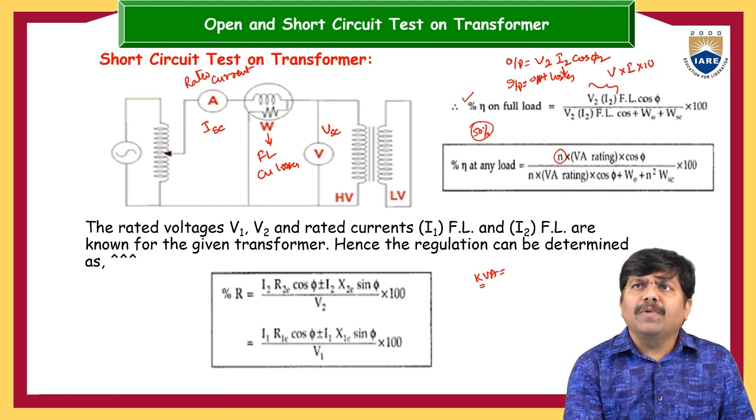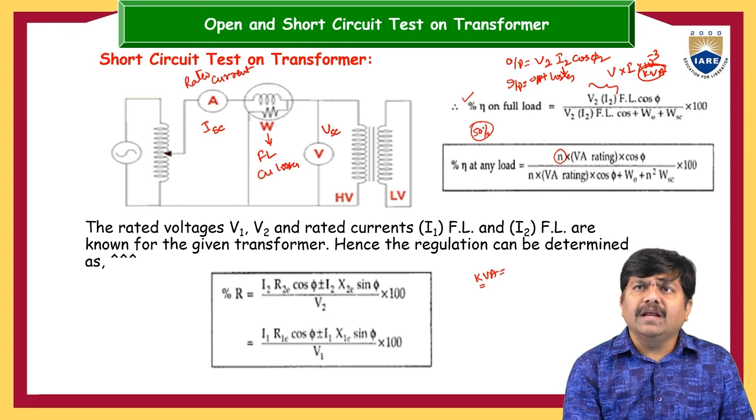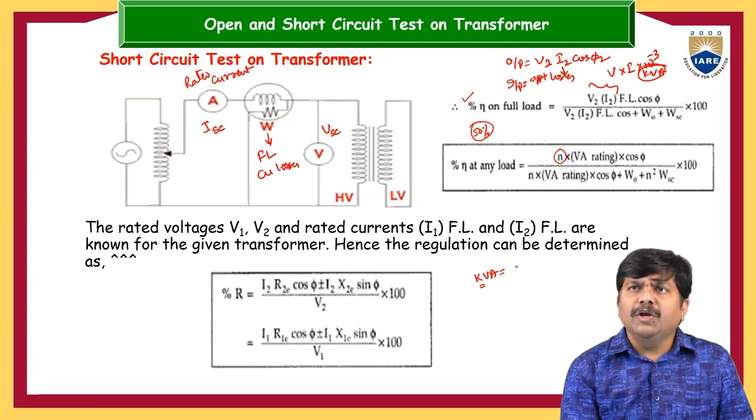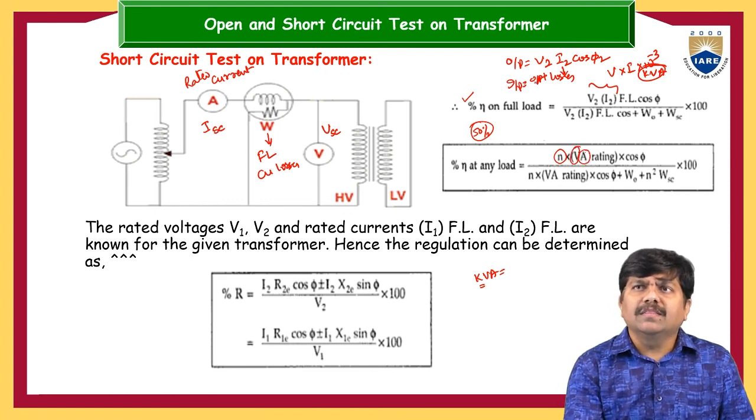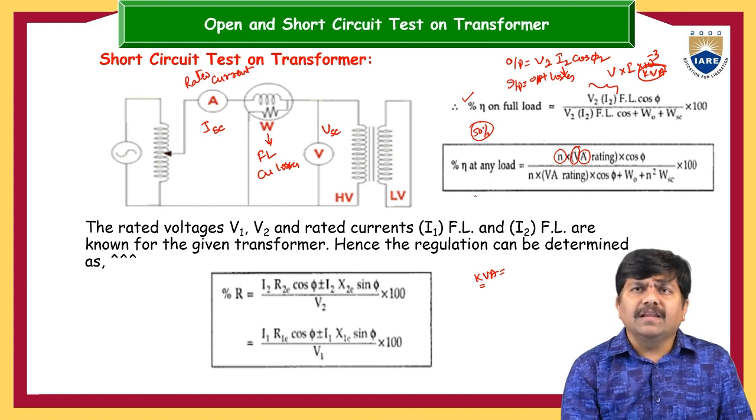Multiplying by 10 power minus 3 gives the kVA, that's all. So don't confuse the kVA rating and VA rating. The voltage remains the same, and only the current rating will change based on the percentage of the load. So these are the formulas we can use to calculate the efficiency and percentage regulation.